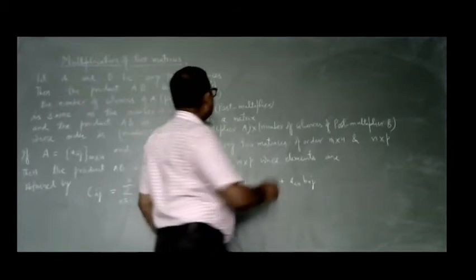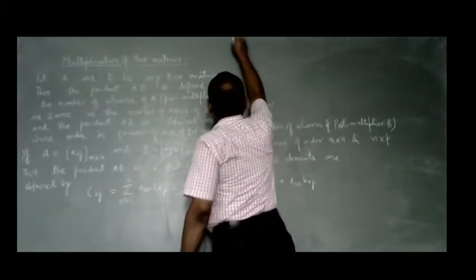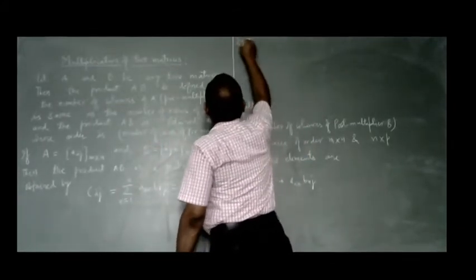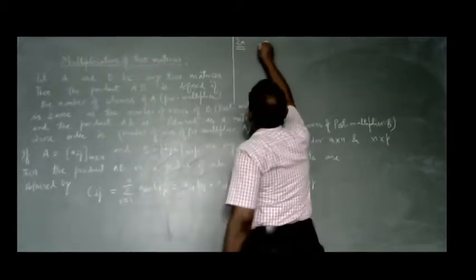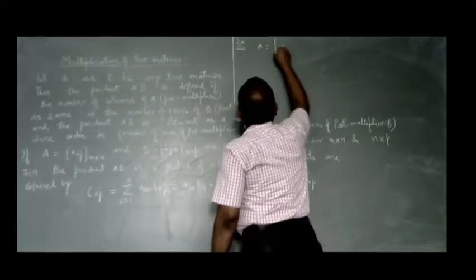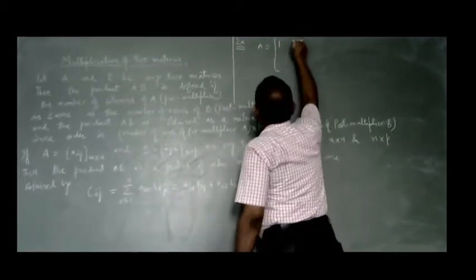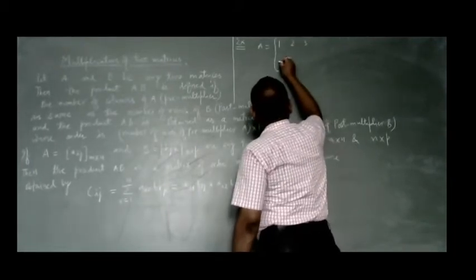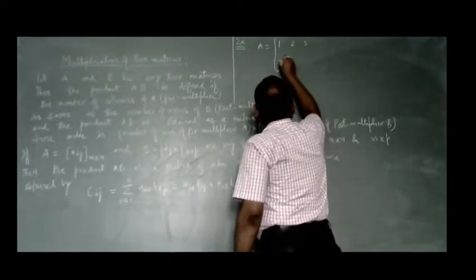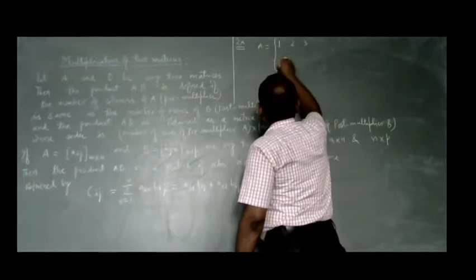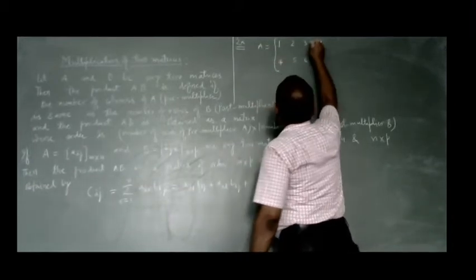Let us take this with the help of an example. Let us take a matrix A with rows 1 2 3 and 4 5 6.